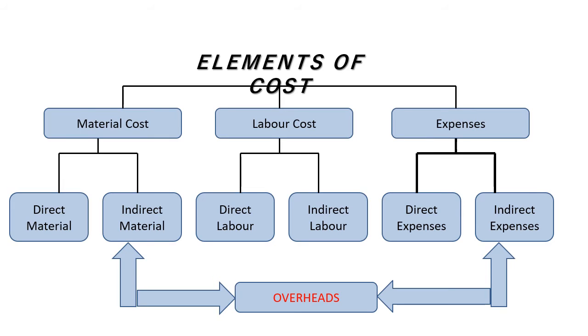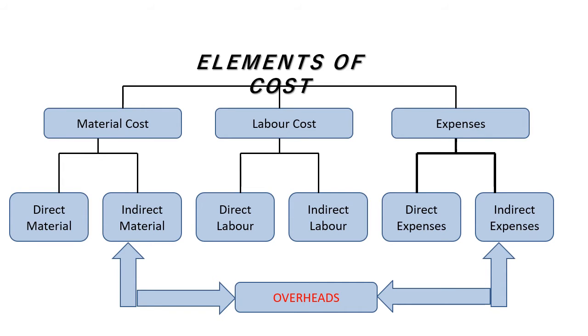First one is direct expenses. Direct expenses are the expenses which can be identified with and allocated to cost centers and cost units. Second part is indirect expenses.